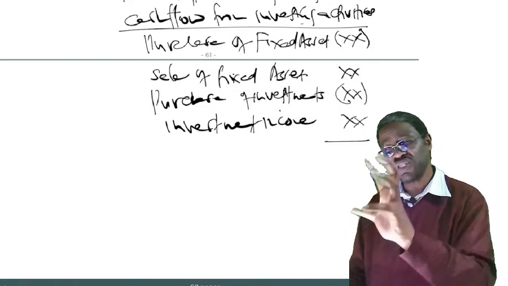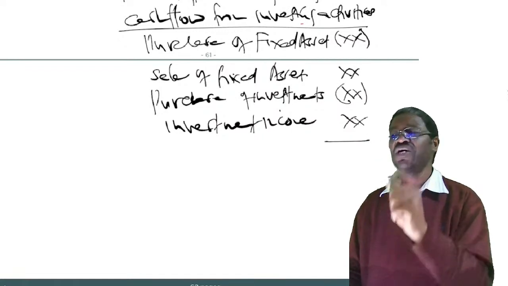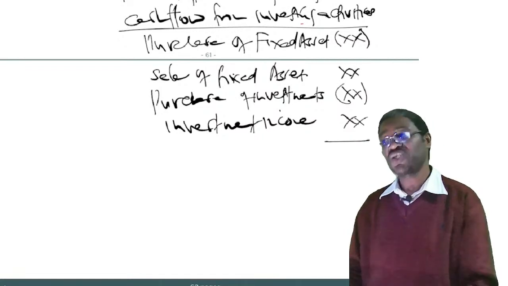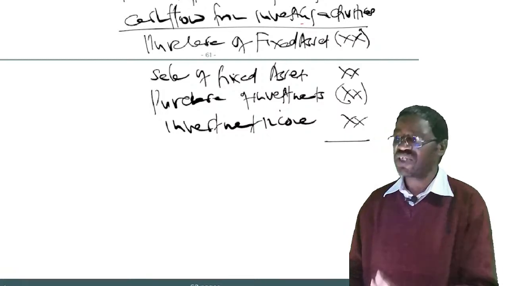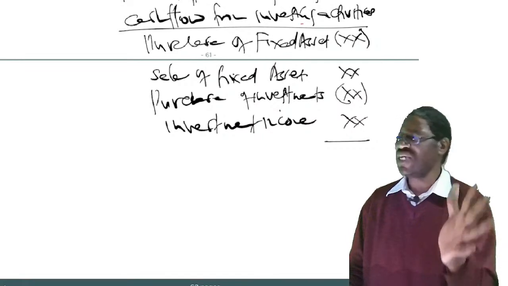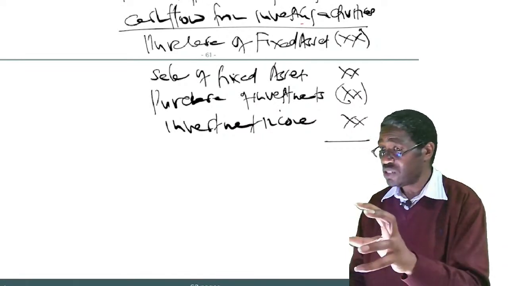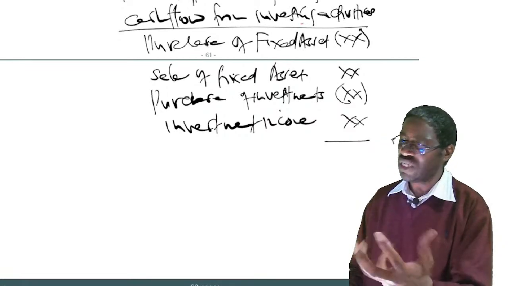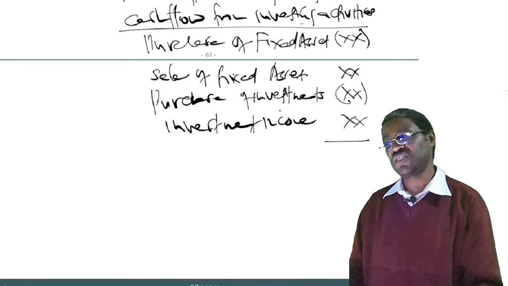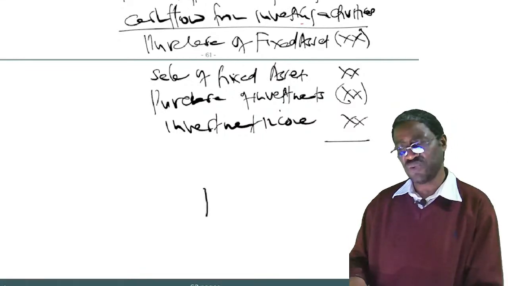I've told you, these are only the changes that took place in your company which affect your fixed assets. Anything affecting your fixed assets, either you are buying it or selling it, whatever it is. And if you had an investment among the fixed assets and it gave you an investment income, that is an investing activity. For now, let me assume those are the only ones.